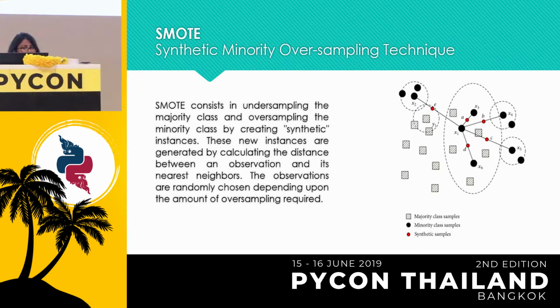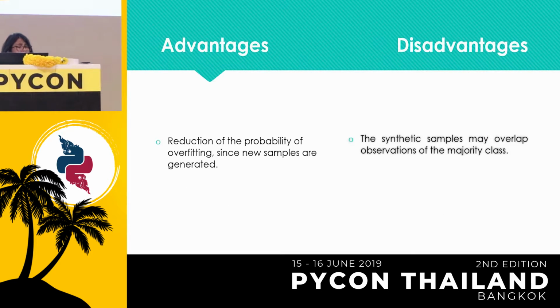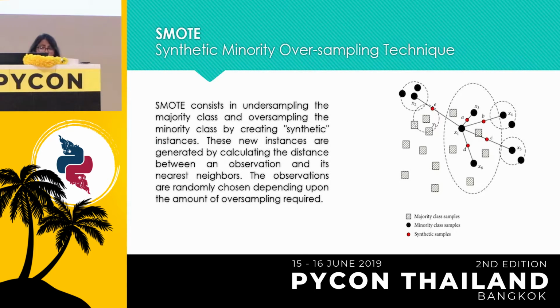One of the advantages of this technique is that we are creating new samples. We are not just copying them, they are new. The disadvantage, as we can see here, is that by creating new samples we are not considering that they may overlap with the majority class.